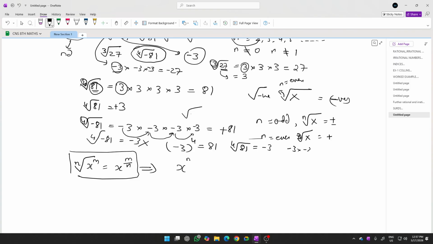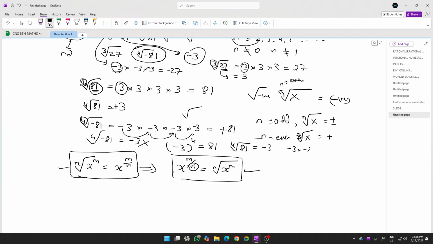If you have a number in the form of x raised to m by n, that is index form, and you want to convert it into radical form, then put the radical sign, put the denominator over here, and x raised to m over here. If you understand these two rules properly, you will never make any mistakes.